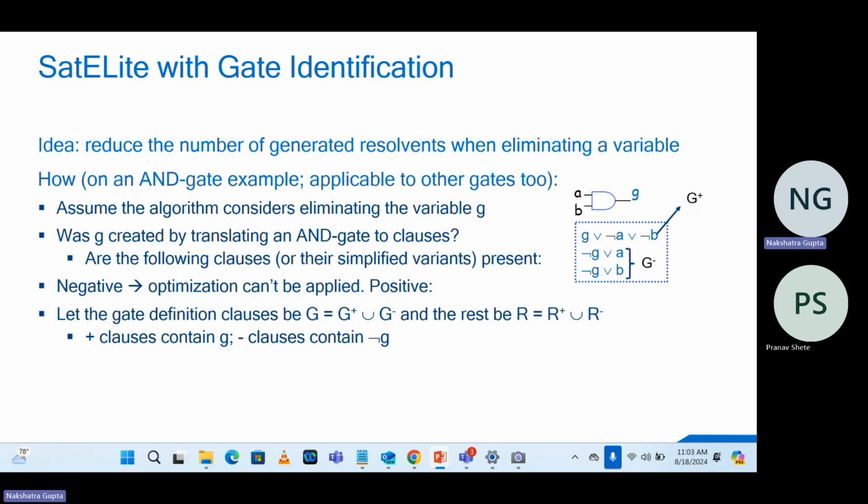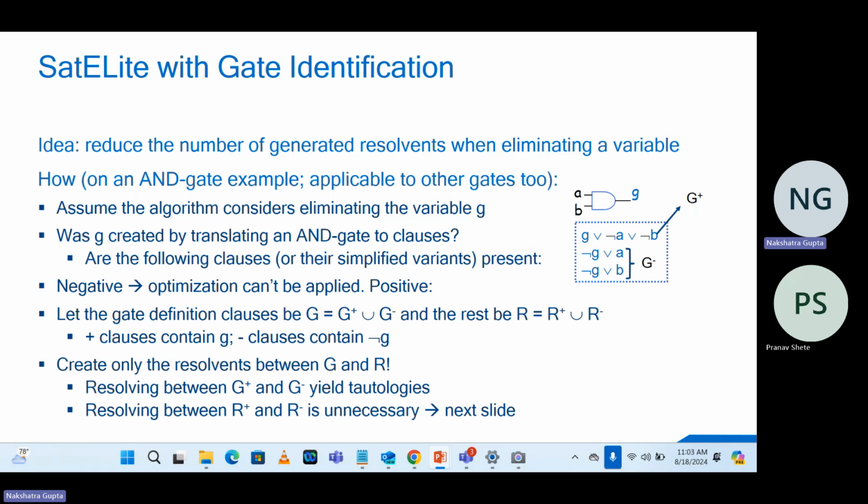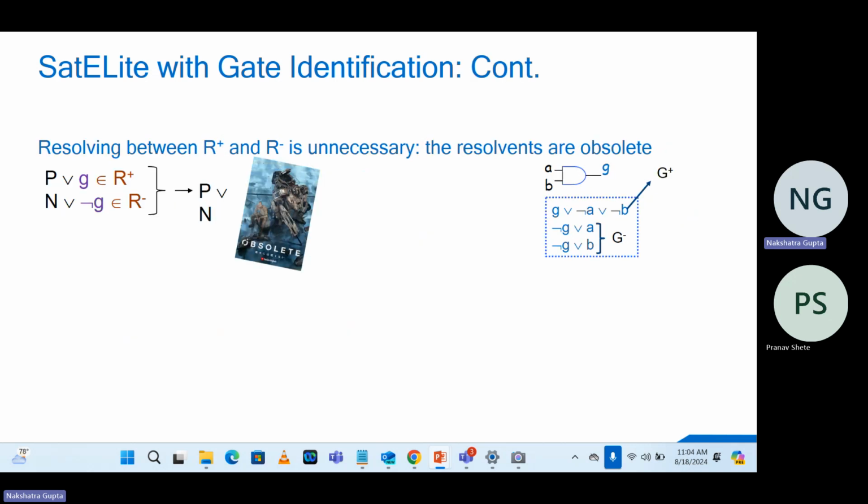The thing is that you only need to create resolvents between G and R. Resolvents between the G clauses are only tautologies, so we can skip them. And the resolution between R plus and R minus is essentially unnecessary, because those resolvents are redundant: they can be derived from the other clauses. Let me show you why.